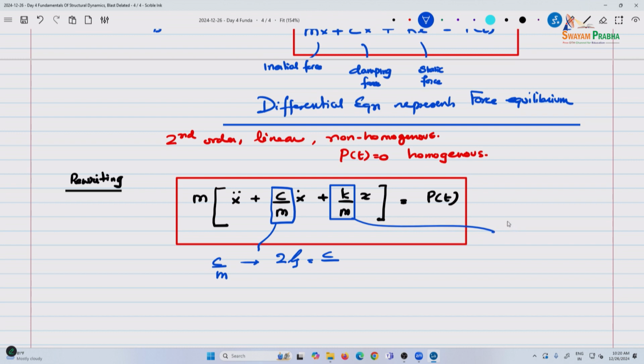This term can be represented as omega squared, which is k by m, or omega is equal to square root of k by m. And what is this called? What's the term? Circular natural frequency. It's a circular natural frequency, right?